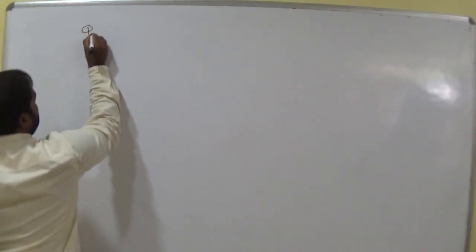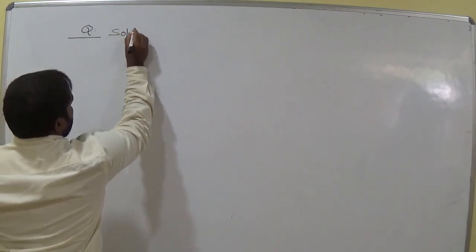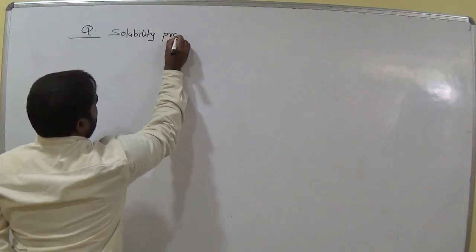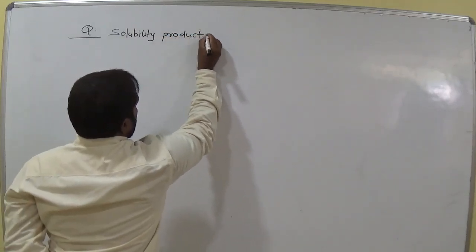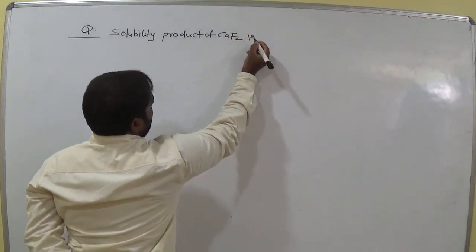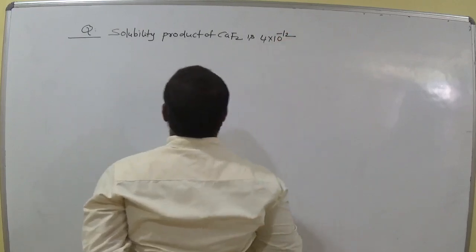And write the problem. The solubility product of CaF2 is 4 into 10 power minus 12.